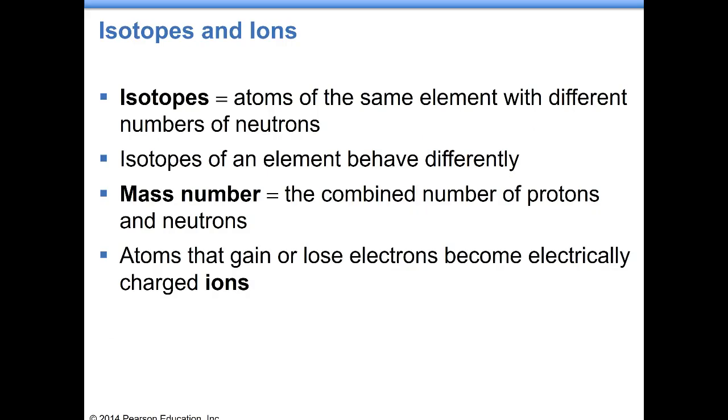We've talked about isotopes, so just a little bit of a refresher on isotopes. You've had this in chemistry. These are atoms of the same element with different numbers of neutrons. You might have had carbon-14. If you had me in biology when we talked about isotopes, that's the example we used.